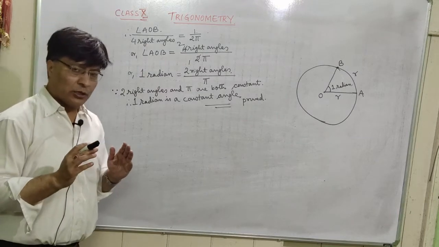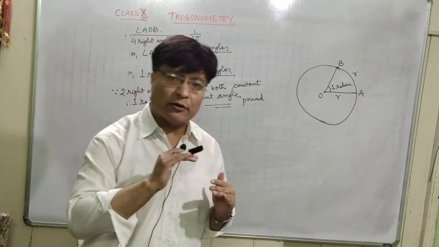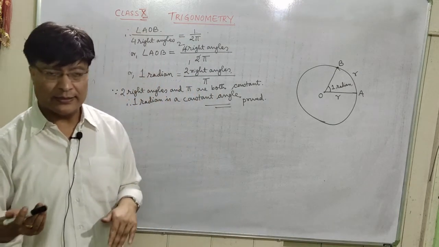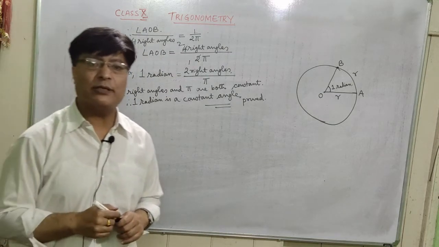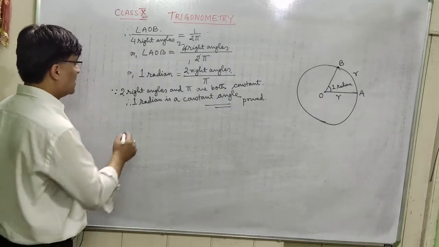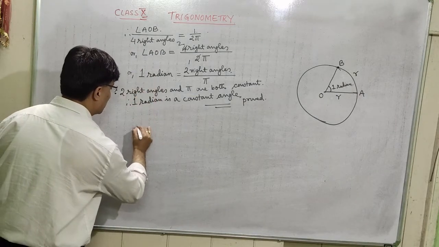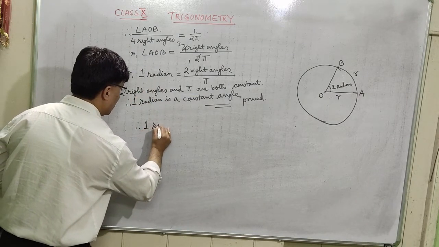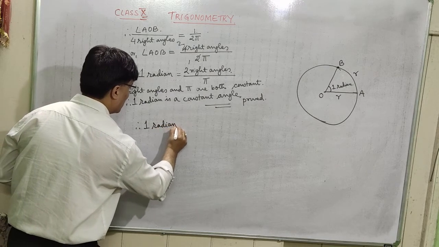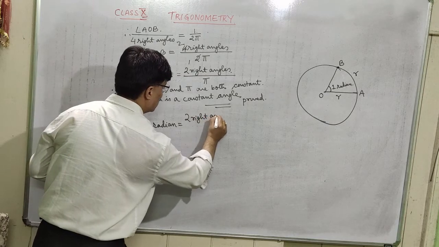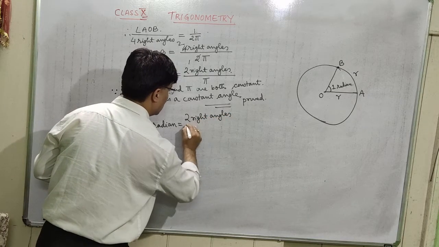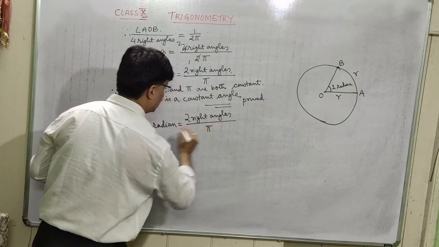Okay. So let us get the relation between radian and degrees. That is, let us get the relation between circular measure and sexagesimal system. Right. So now since we have just proved that 1 radian is equal to 2 right angles divided by pi.